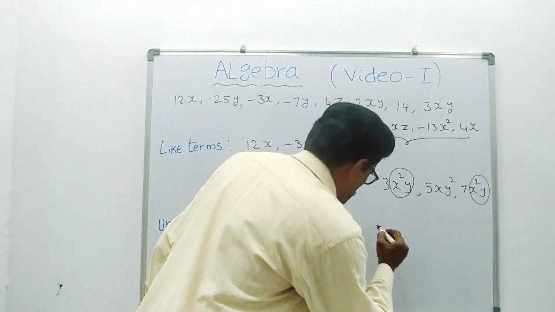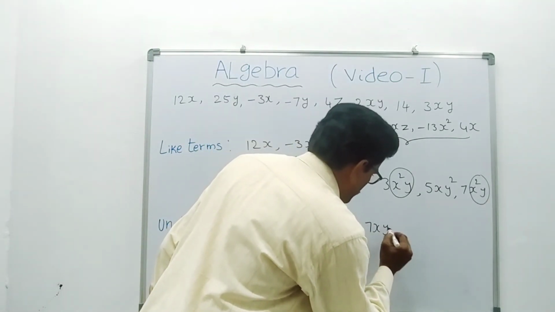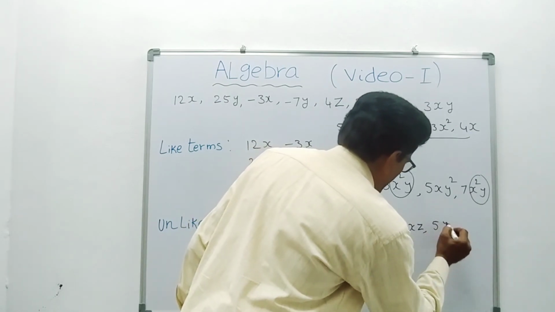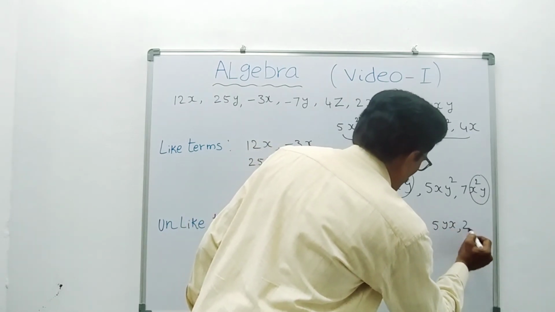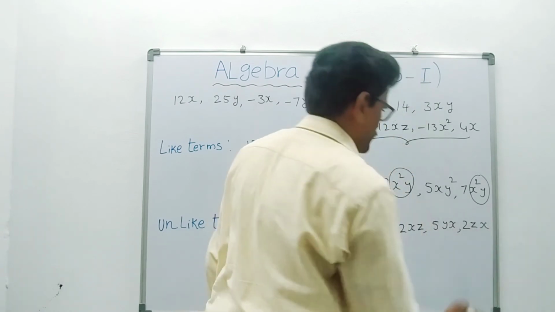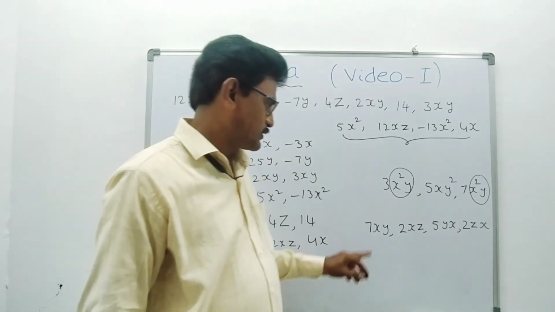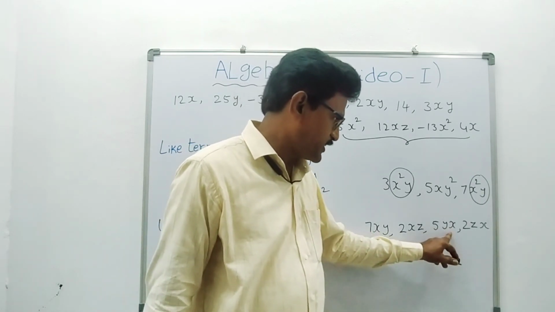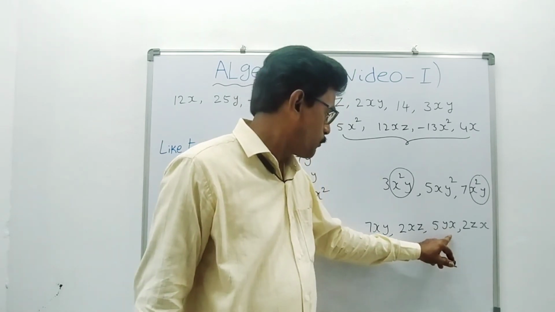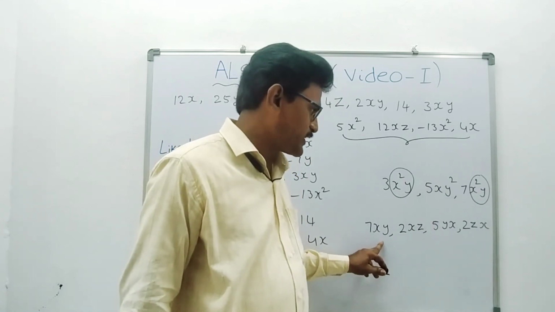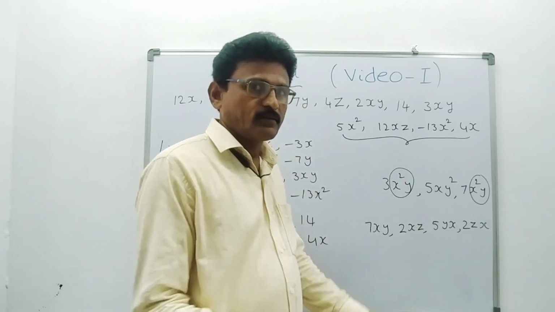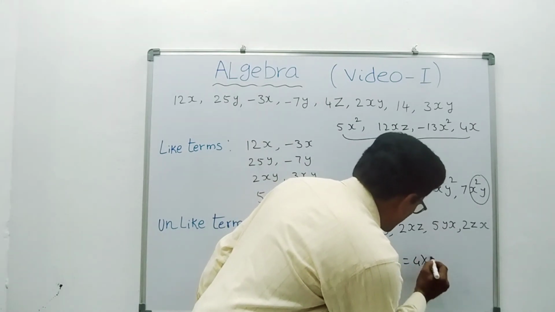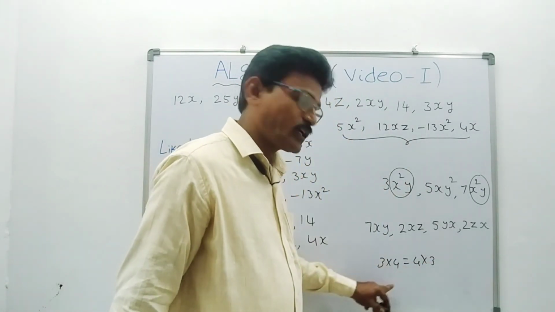And one more. Suppose 7xy, 2xz, 5yx, 2zx. Observe here. Like terms we will see. Here 7xy. Is there any term like that? If you see here 5yx, both are like terms. xy is nothing but yx. In arithmetic, what we are doing? 3 into 4 is 4 into 3, both are the same. This is said to be the commutative law.